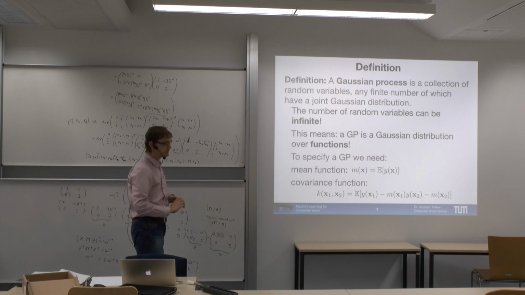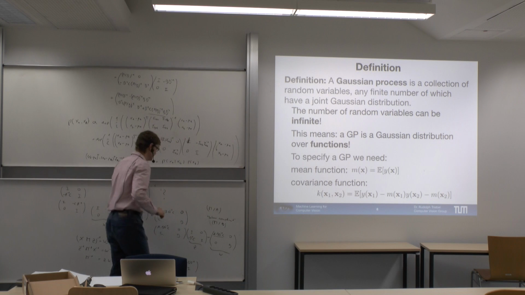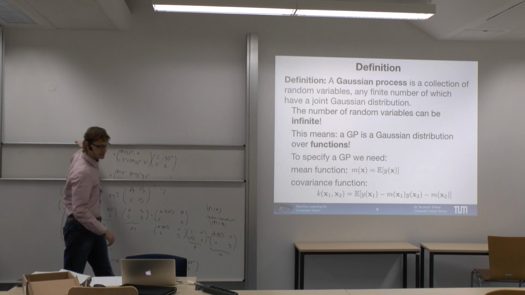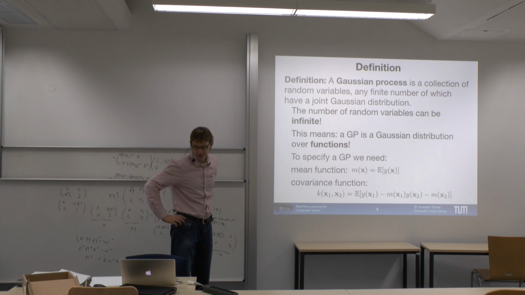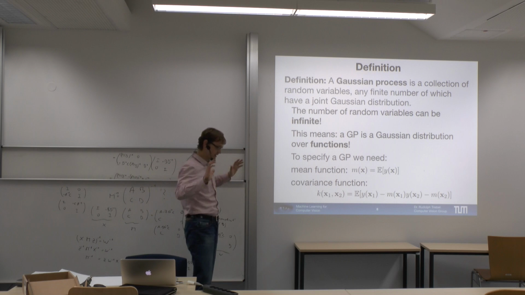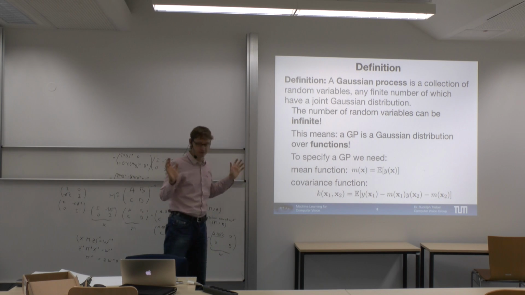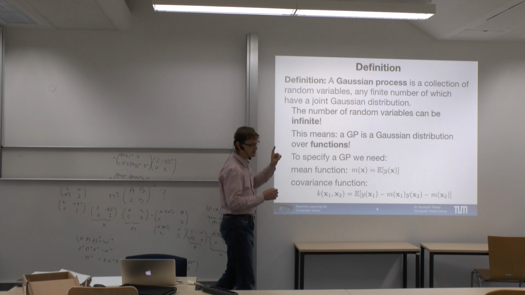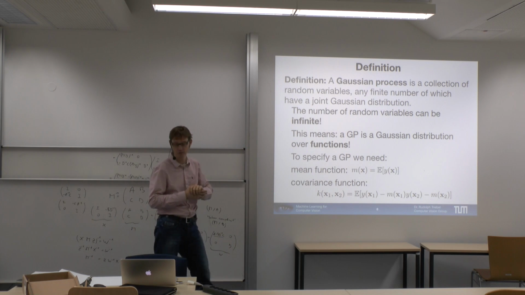So enough of math. Let's start with the definition of a Gaussian process. A Gaussian process is a collection of random variables, any finite number of which have a Gaussian distribution. We said this already. We have a given number of variables, which can be infinite. This is explicitly said in the definition.